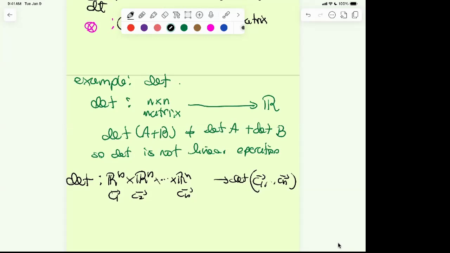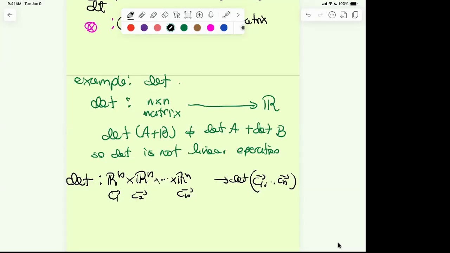And so the determinant is a multilinear operation, and in a sense it is a tensor. That's what I was going to get at today. A tensor is just whatever operation is multilinear. So it's a generalization of a matrix, because a matrix is whatever operation is linear. So a tensor is whatever is multilinear.